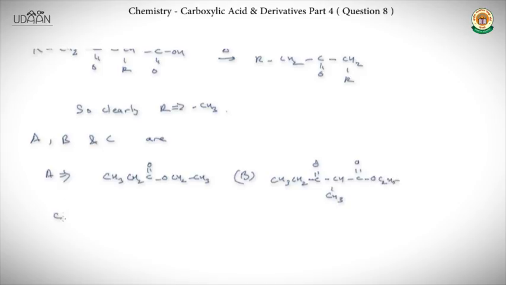And finally we get C, which is CH3CH2 C double bond O CH(CH3) COOH. So this is what A, B and C are.